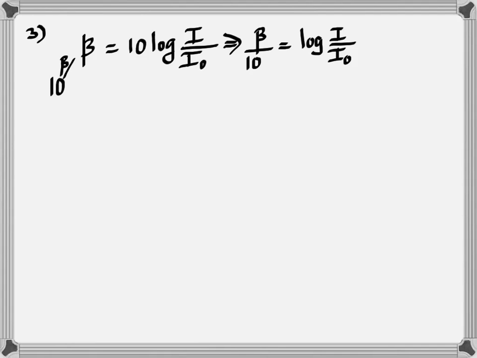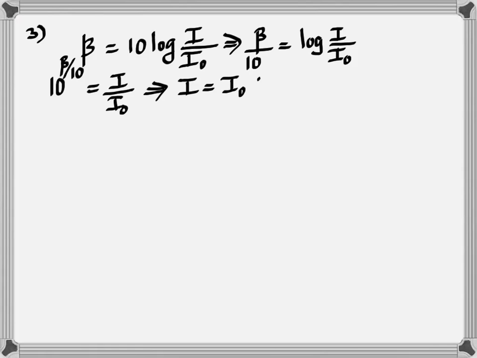All right, dividing by 10, beta by 10. Then you know that the opposite function of logarithm is 10 to the power. Does everybody know that? Just like the opposite of natural logarithm is e raised to, right? Same way. The opposite function of logarithm is 10 to the power. So if I take away logarithm from the right side, I have to have 10 to the power on the left side. That is what I'm doing now. So 10 to the power beta by 10 is I by I naught.